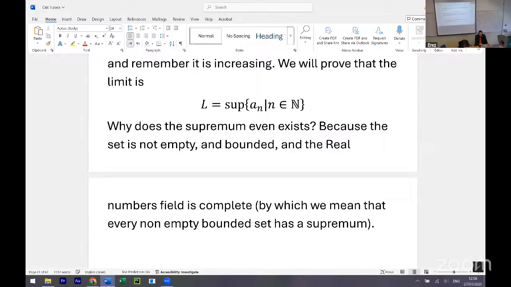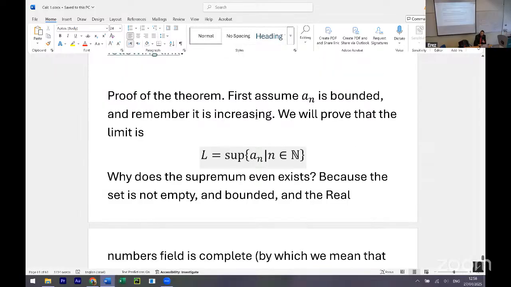We obviously are not proving that the real field is complete because we need to define it correctly, which we won't do. But that's the basic property, that's the basic reason that we did not remain with the rational numbers, that we advanced to the real numbers. And in the real numbers, this property holds. And due to it, we have a supremum, and therefore we have a limit.